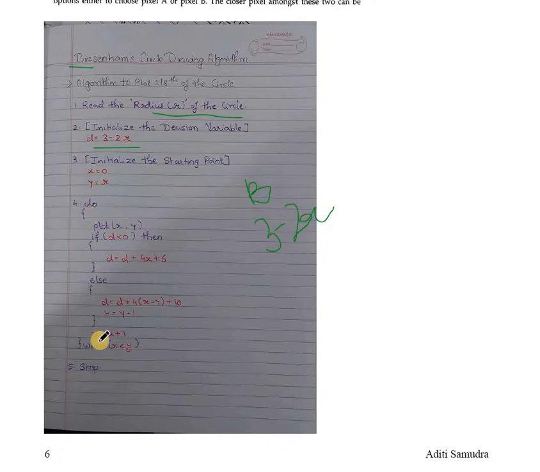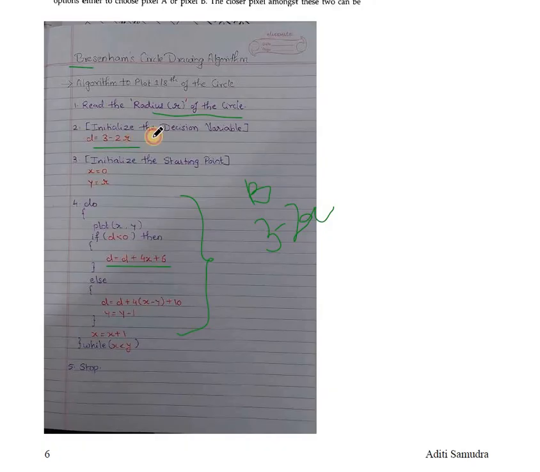Now you are going to use a do while loop. So do plot the point x comma y. Check the condition. If d is less than 0, then you just update the decision variable. It becomes d plus 4x plus 6. Else d becomes d plus 4 into x minus y plus 10, and y is equal to y minus 1.